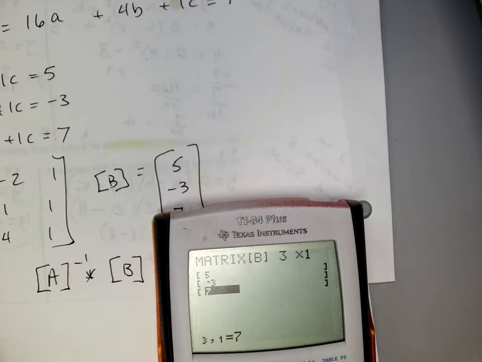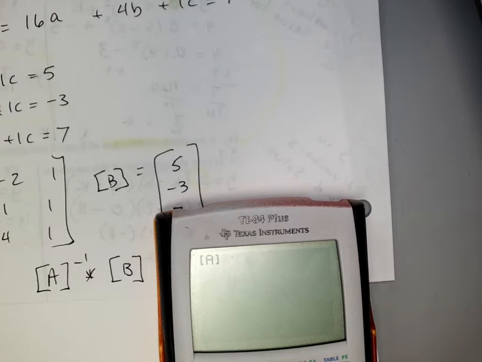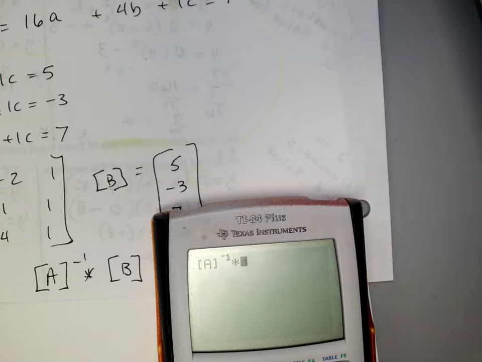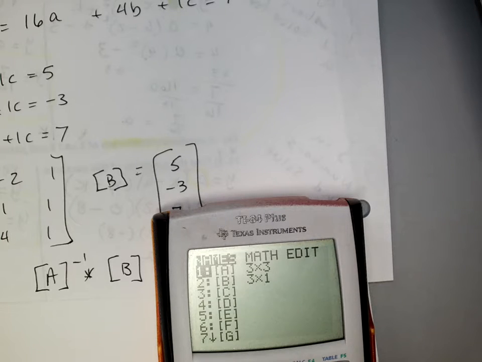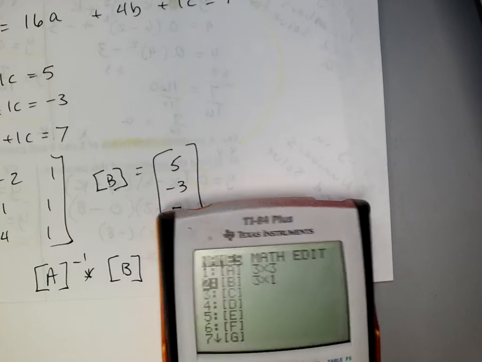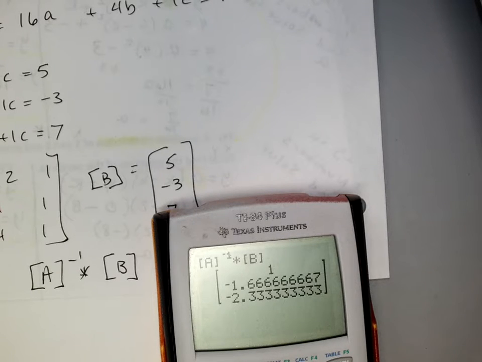You guys remember that? I'm gonna do that. Okay, quit. So I'm gonna go back to matrix. I'm gonna go A inverse times matrix B. Boom.